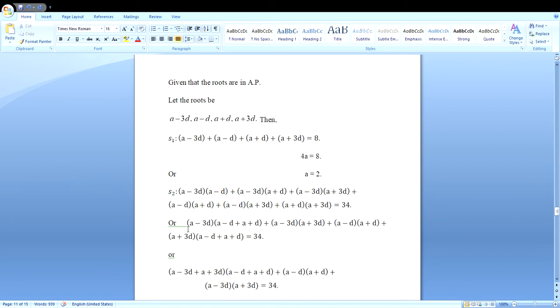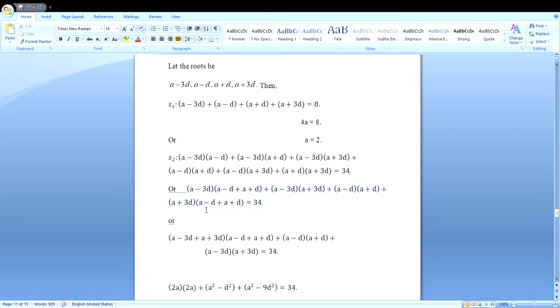Or simplifying this, taking A minus 3D, we can write A minus D plus A plus D. Similarly, from the terms A minus 3D into A plus 3D plus A minus D into A plus D, we can write the sum outside.